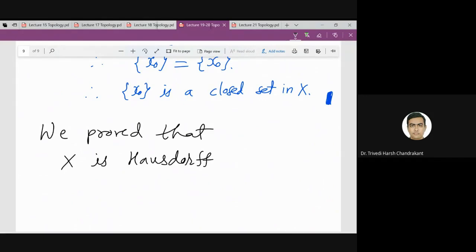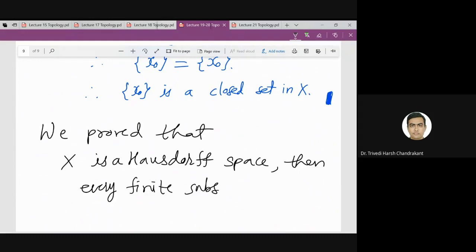Okay, so we proved that if X is a Hausdorff space, then every finite subset of X is closed.